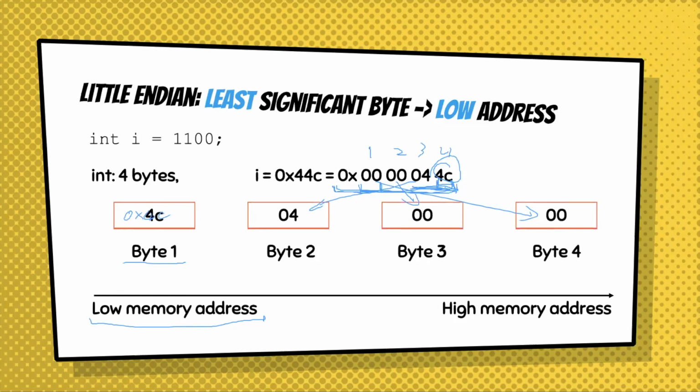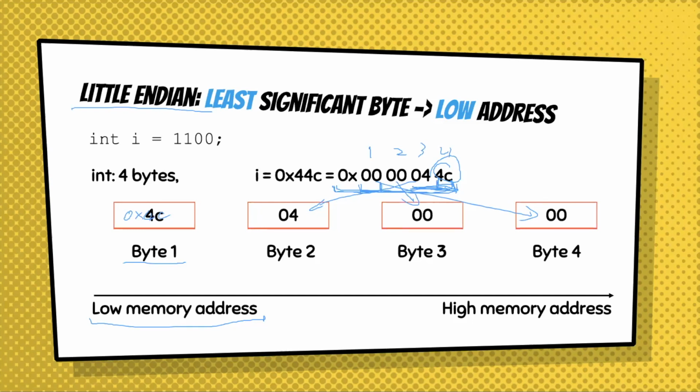Most of the operating systems or laptops that you're using right now are x86-64, unless you're using something like an M1 laptop, which is ARM. So x86-64 will have little endianness.